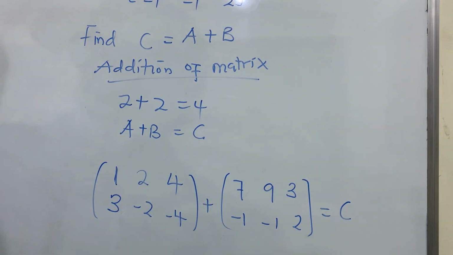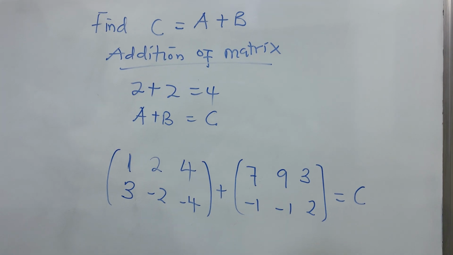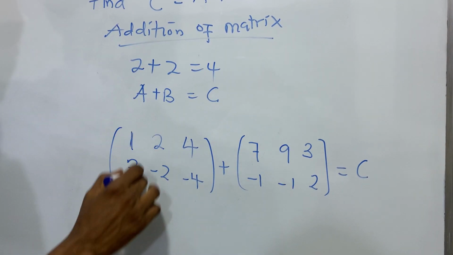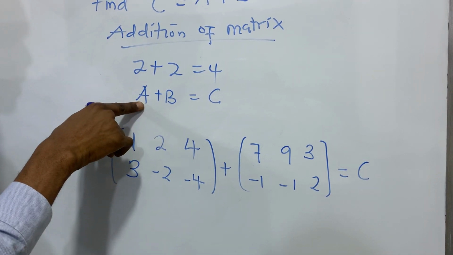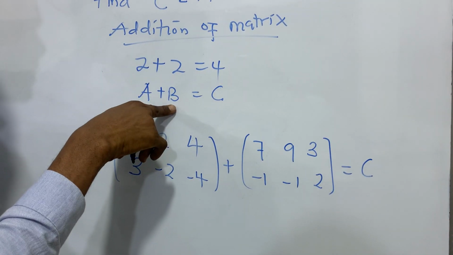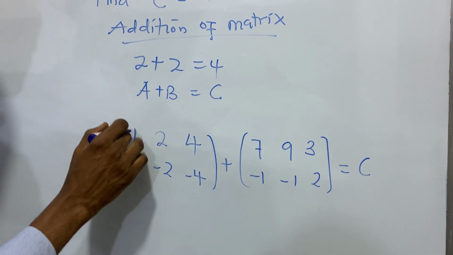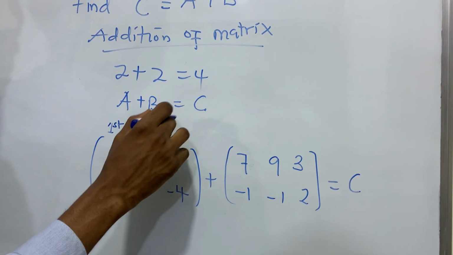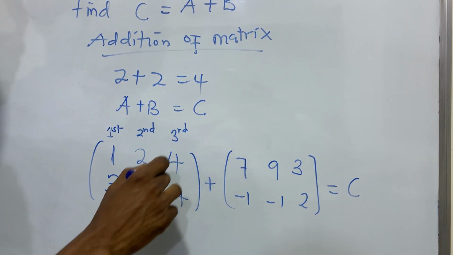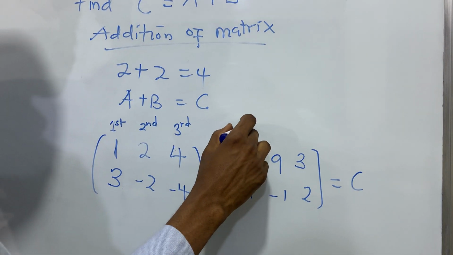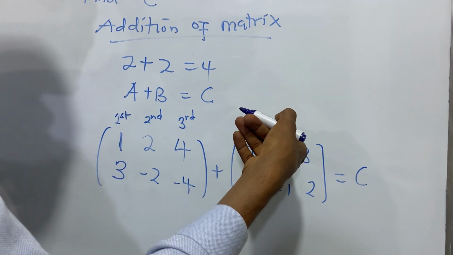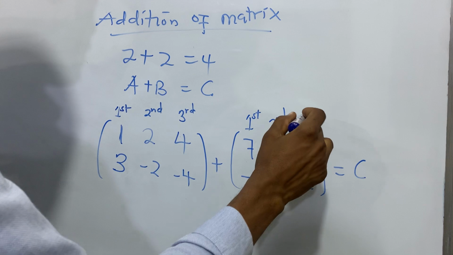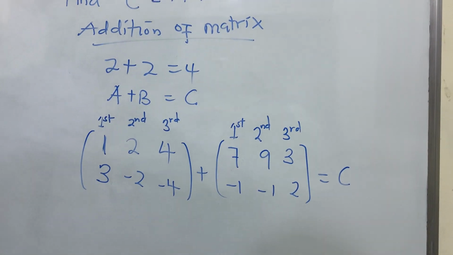Equal to C. So to add matrix, you always pick your row. Matrix A is your first matrix. Matrix B is your second matrix. So you pick the first row, second row, and third row. You have the first row at the second matrix side, the second row, and the third row as well.